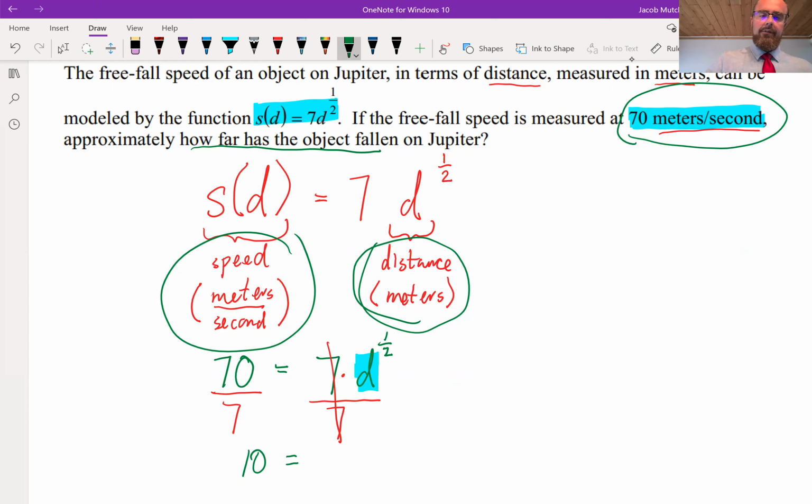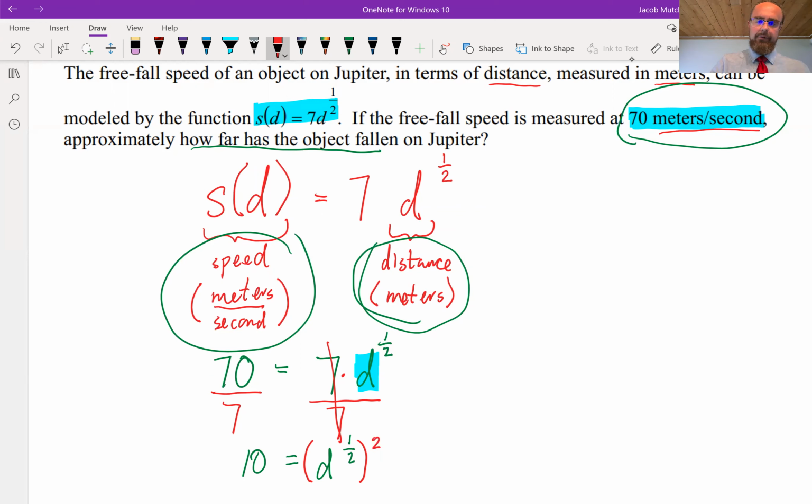And notice what's left on the right-hand side is now just d to the power of 1/2. So now I'm ready to cancel that power. And I do see, again, this is a power function because it's a base to some rational number. And to cancel that power of half, I want to raise it to the power of the reciprocal. So I want to raise it to the flip of 1/2.